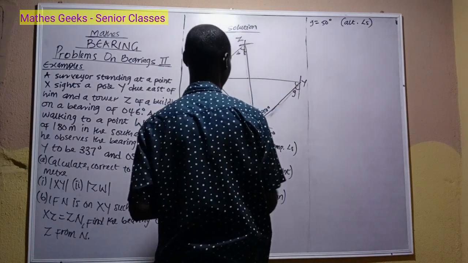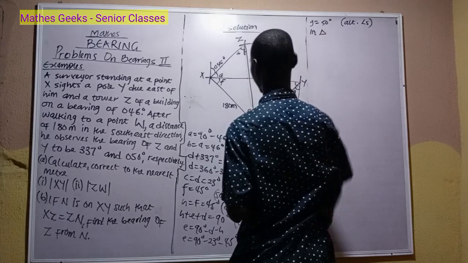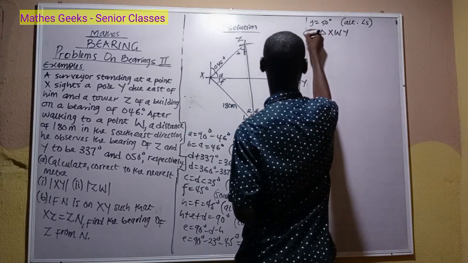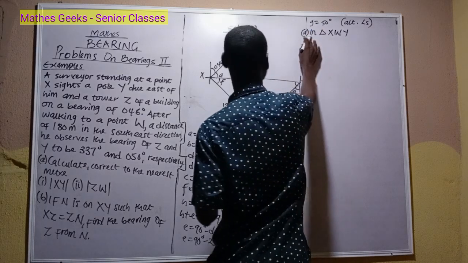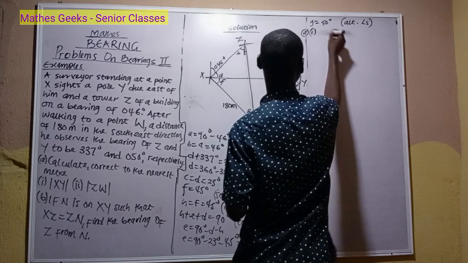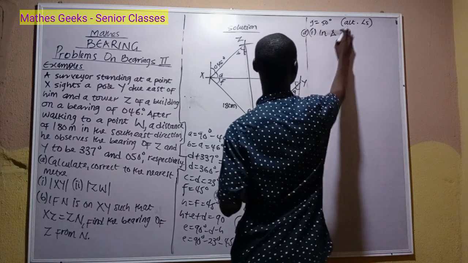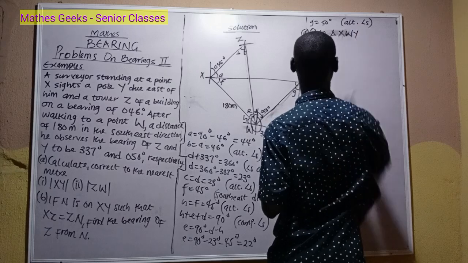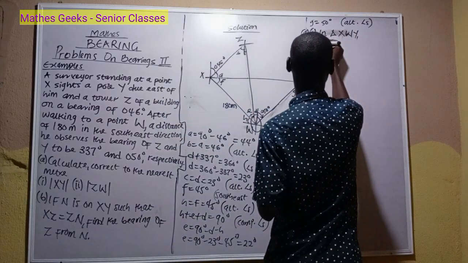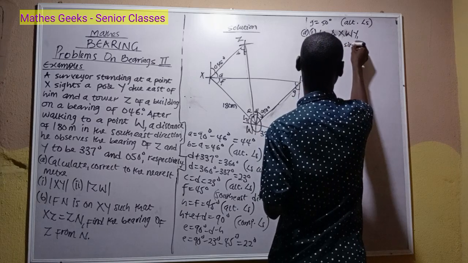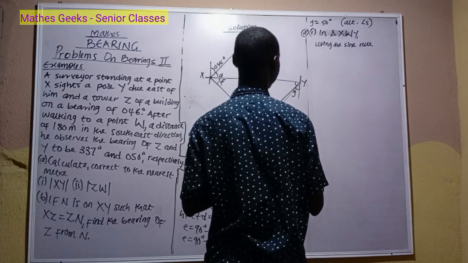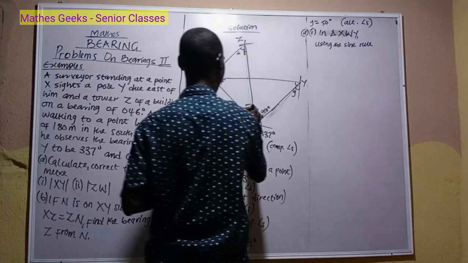To do that, in triangle XWY, using the sine rule, so let's get the total angle here.